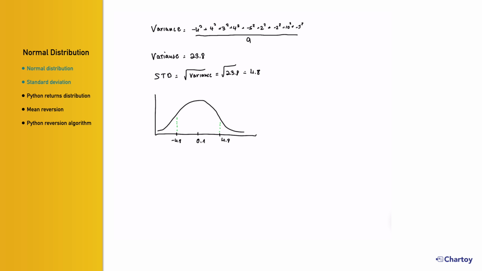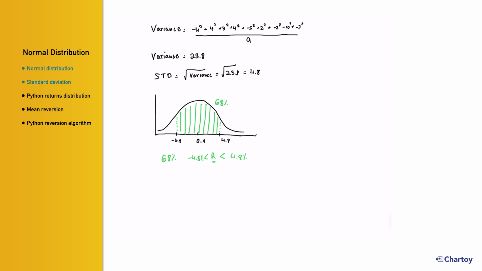Essentially what it means, as we said before, is that most of our data is going to be clustered around these 2 points. Or in other words, 68% of the time, the daily returns are going to be between -4.8% and +4.8%. So 68% of the time.